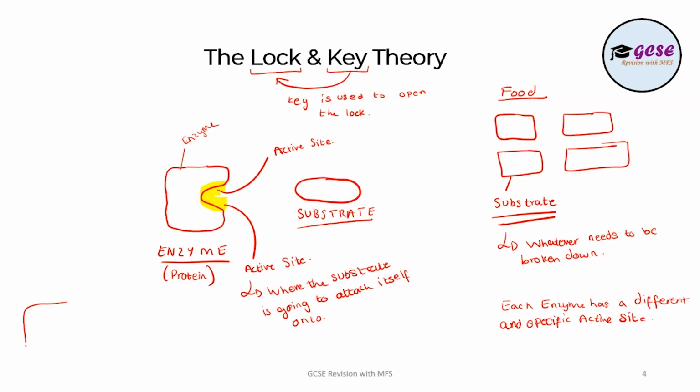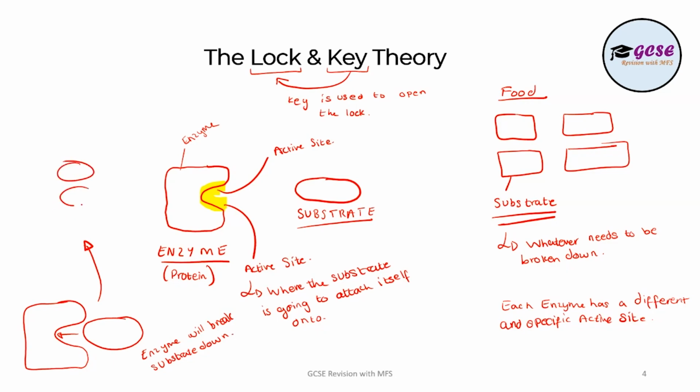Now, once the substrate has fitted into the enzyme, the enzyme will break the substrate down into its products. So the enzyme will break the substrate down, and then it will form its products.